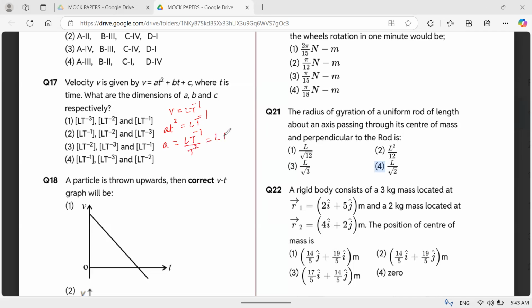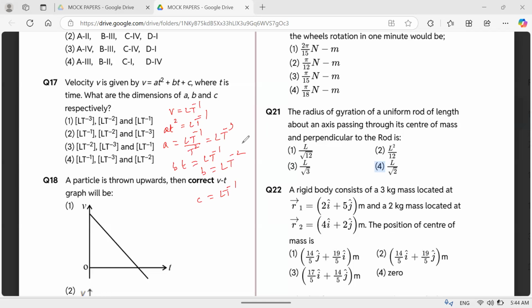So the dimension of a will be LT power how much? Minus 3. First option. Then b times t must be equal to LT power minus 1, so b will have dimension LT power minus 2. And c must be equal to LT power minus 1. So what is the option I can write? First option.